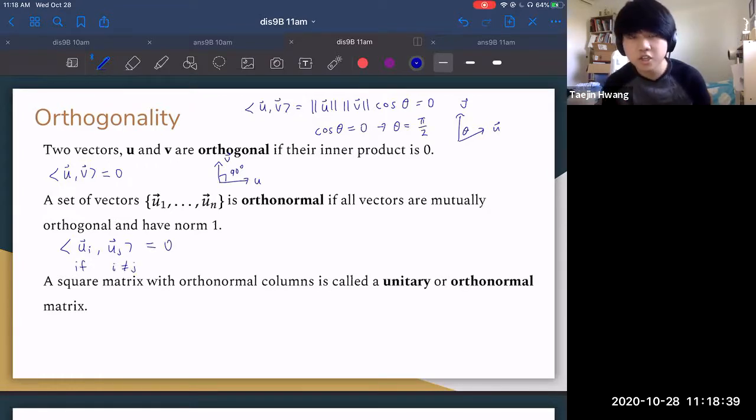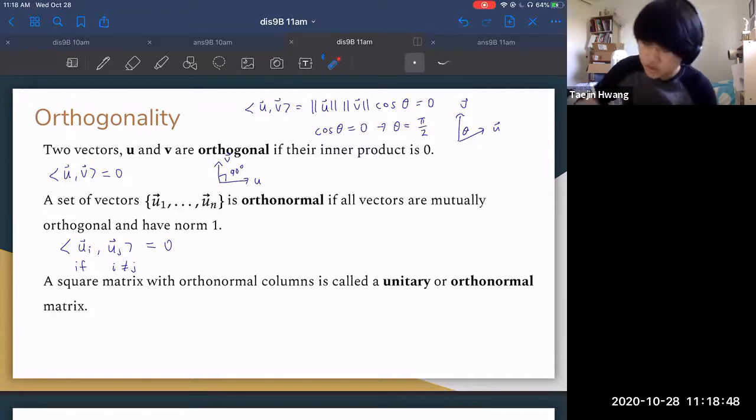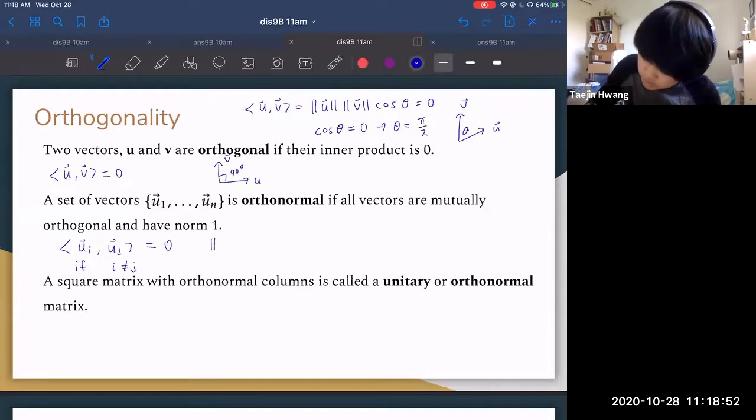So if you take any two distinct vectors from the set and look at their inner products, they'll be 0, meaning they're mutually orthogonal. And every single vector has norm 1, so the norm of ui is equal to 1 for all vectors i.